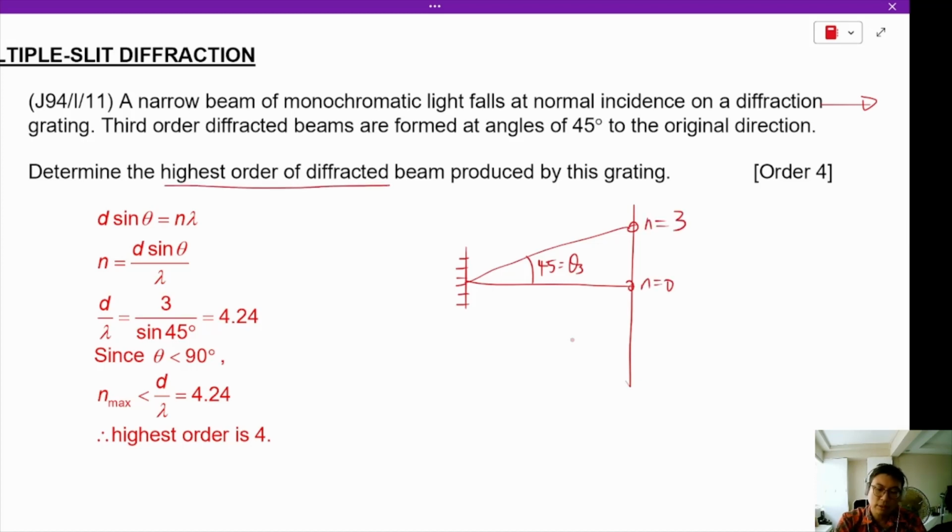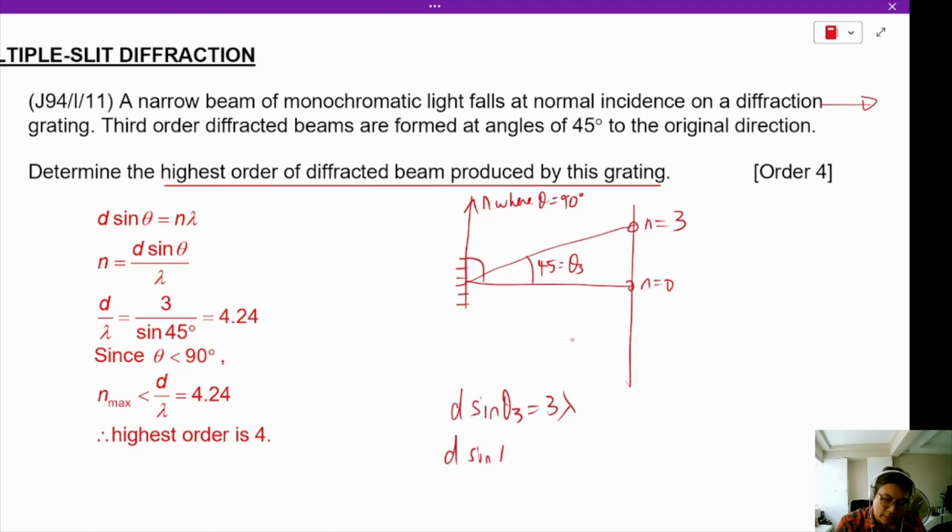Determine the highest order of diffracted beam produced by this grating. The highest order diffracted beam will be the n where theta equals 90 degrees. So let's write down d sine theta 3 equals 3 lambda. Then d sine theta n equals n lambda.